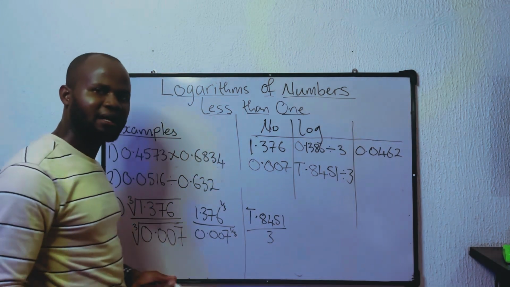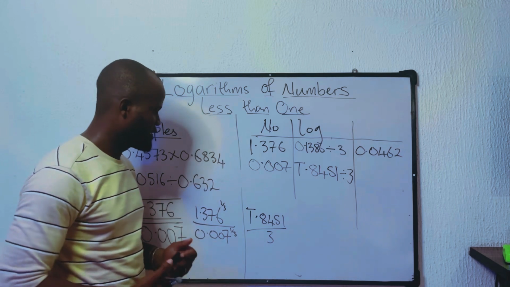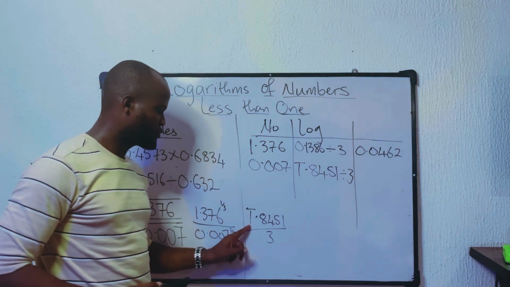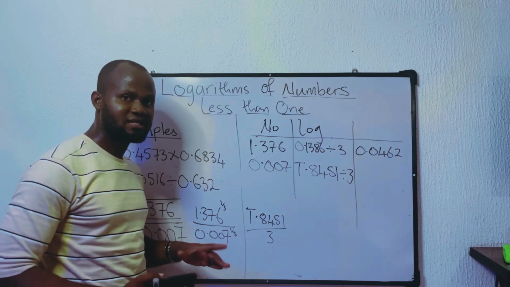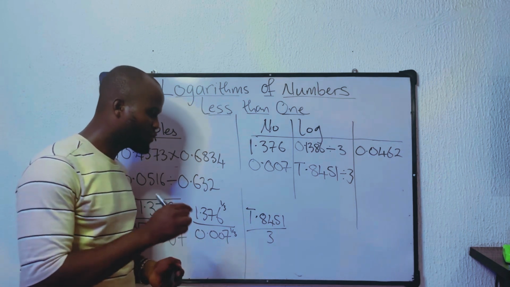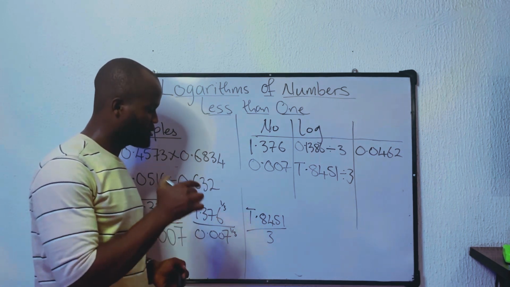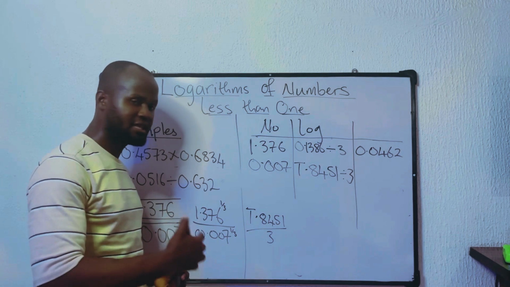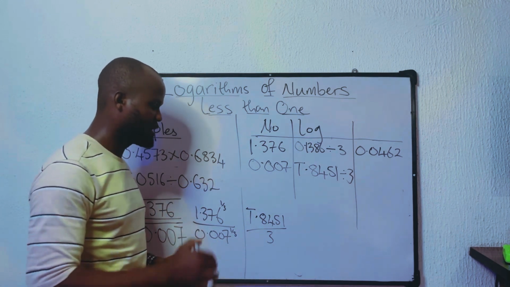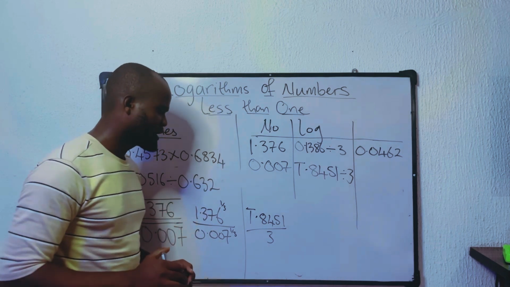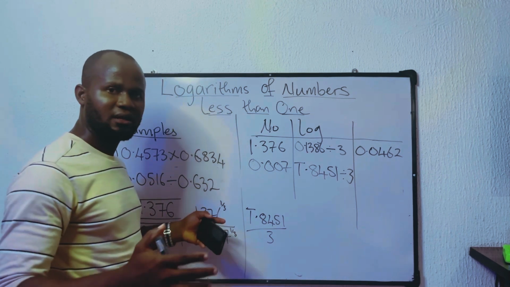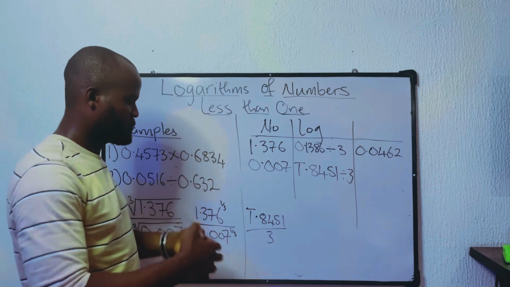Now, first off, I mentioned it earlier that this negative here belongs only to this one. So in cases like this, it must be treated separately. So we are going to be dividing -1 by 3, and then separately we're going to divide 0.8451 by 3. And when we get the answer to that, we bring it back together.